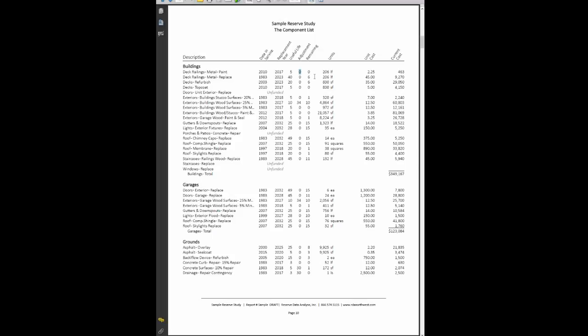Whatever the case is, we can make adjustments. The roof typically has a useful life of 20 years, but we make an adjustment of -5 if the roof is failing at 15 instead of the typical 20 years.